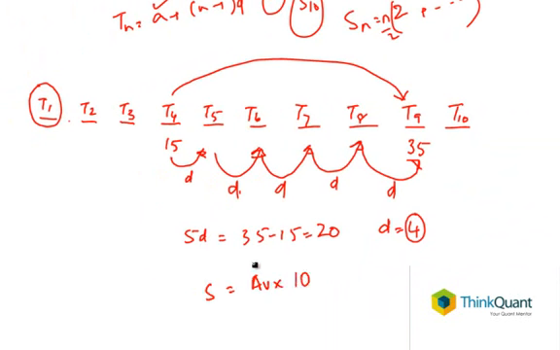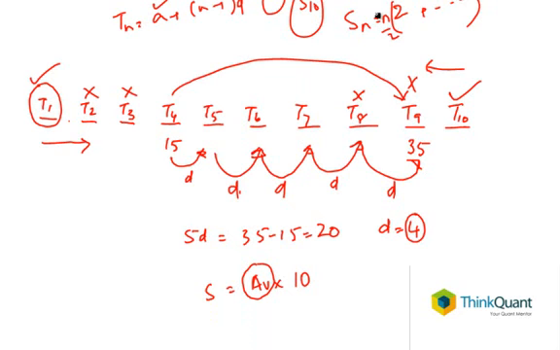So what would be the average of this AP? It would be the average of the first term and the last term, or the average of the second term and the n minus 1th term, or the second term from the start and the second term from the end, or the third term from the start and the third term from the end. So you can take any of these.